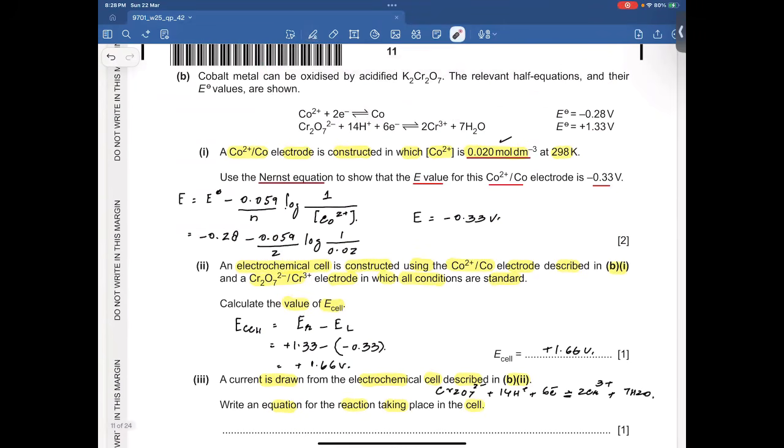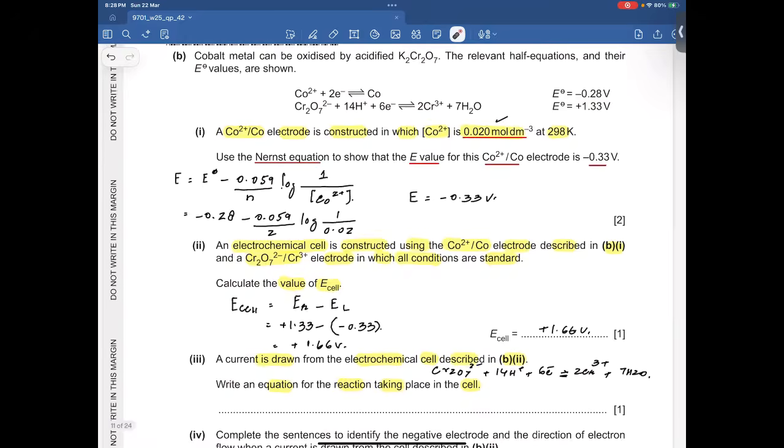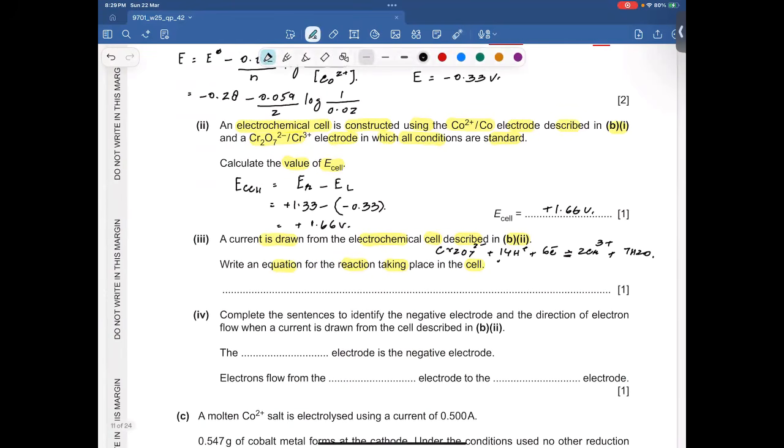Since this half cell has a negative E value, we need to flip this equation in order to write it in oxidation form. So to get the equation in oxidation form, I need to flip the equation like this. And we know that to cancel the electrons, we need to multiply this equation by 3. As soon as the number of electrons are balanced, they will cancel out with each other.